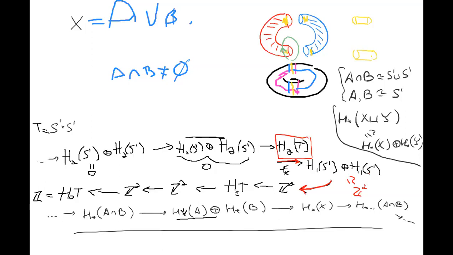I don't know how to explain. You cannot see my hands here. I guess we should start from fixing the orientation. So I take the orientation of the red piece like I have drawn. I fix the orientation on one boundary part, and this induces one on the other. So I guess it should be this one.